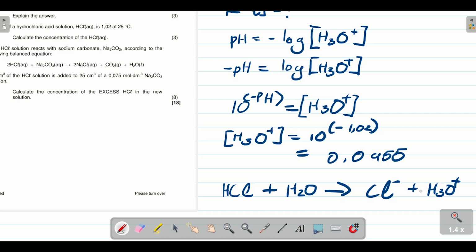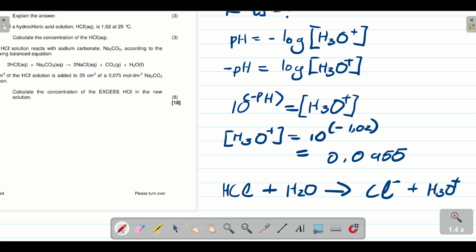We'll always have our hydronium compound, and therefore this hydrogen atom from our hydrochloric acid gets donated to H2O to form that hydronium, and therefore we are left with Cl minus. And this equation is balanced.